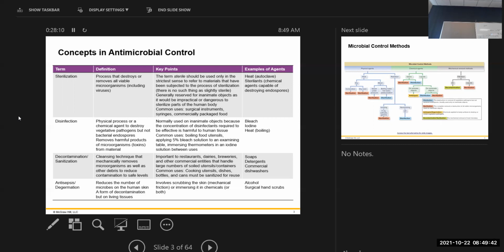No, you're disinfecting it. You're knocking those numbers down to the point where any potential pathogens have been reduced. So you're destroying vegetative pathogens, but you're not destroying bacterial endospores. You're removing harmful products and what have you.